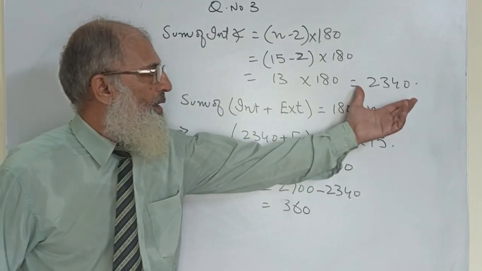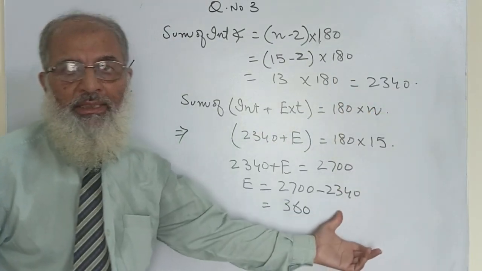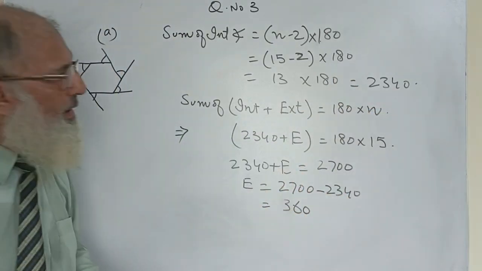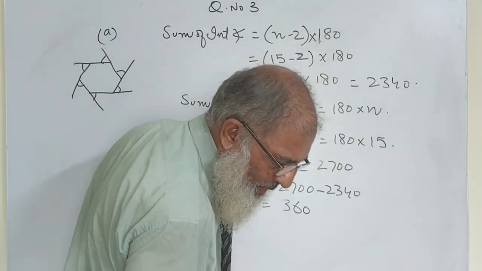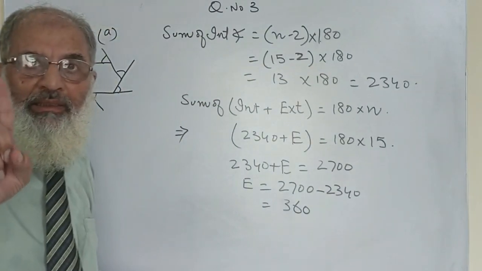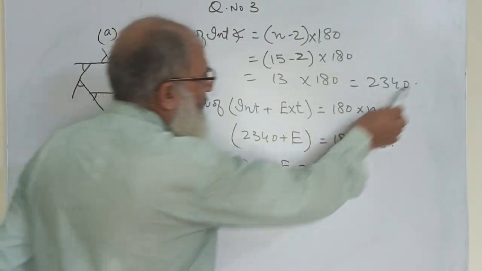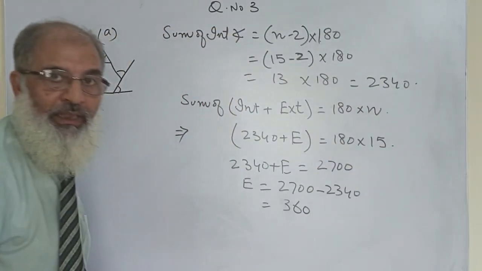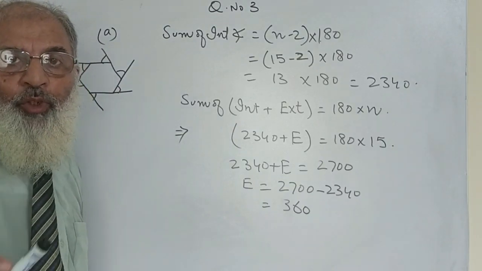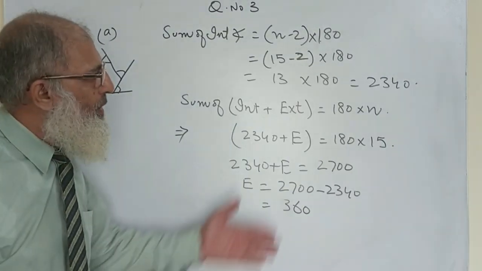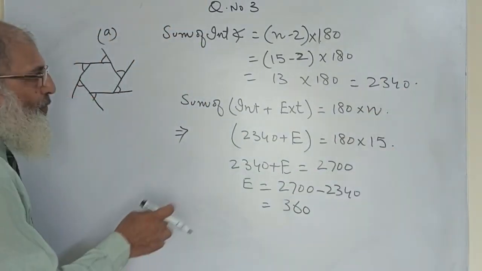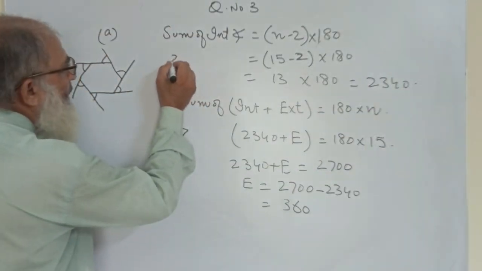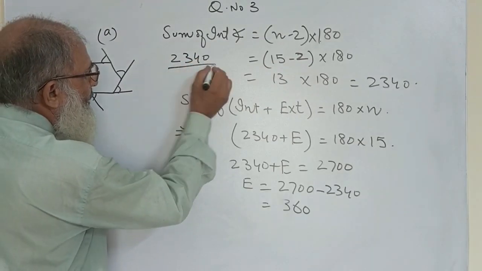Now we have come to these two results. The other two results are very easy to find, and that is the size of each interior angle. Now this is the sum of the interior angles for a regular polygon with 15 sides. Now it is very easy to find one angle out of it, and it is 2340 divided by 15.